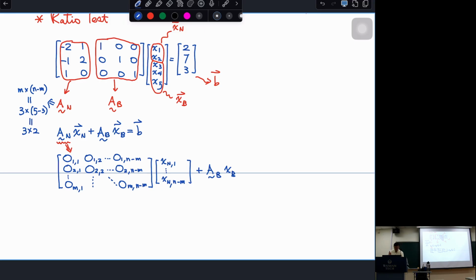So over here, there's a specific one that has been chosen, because xn originally are a bunch of zeros. These are zeros, and they are some numbers we don't care because originally they are zeros. But in the previous step, one of the xn will be chosen, and it will swap to the basic group.